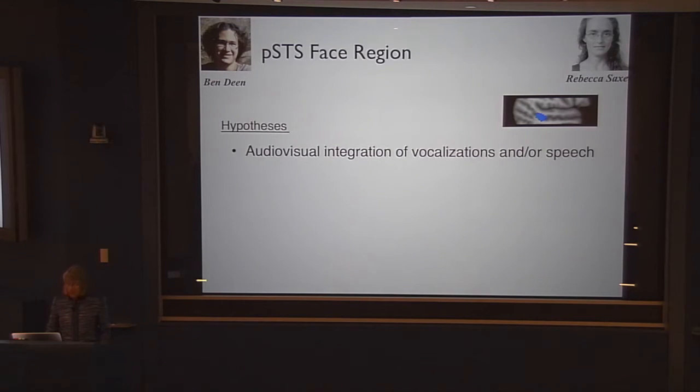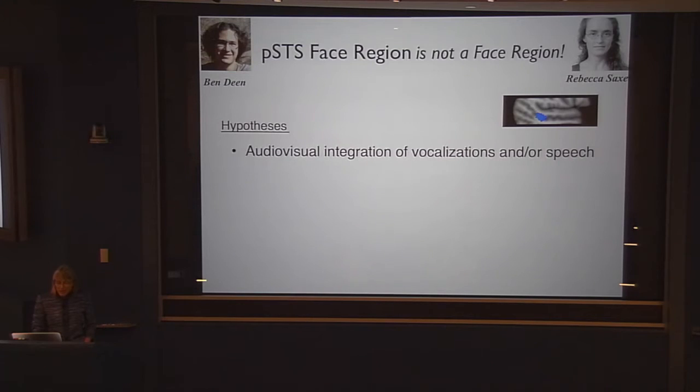So this is frustrating because we still haven't answered this. The first two hypotheses we came up with are, okay, what would be engaged when you look at moving faces and when you hear vocalizations? Well, maybe some kind of audio-visual integration that we do, in fact, more with speech sounds than non-speech sounds, but maybe that's close enough.